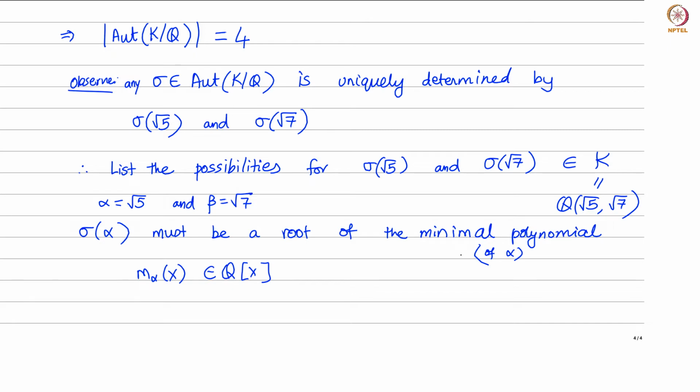It's the smallest degree polynomial that root 5 satisfies, and in this case it's easy to see this minimal polynomial is just x² − 5. So therefore we conclude that when I act σ on this element α, it has to be a root of the polynomial x² − 5. Therefore, this can only be one of two possibilities: either √5 or −√5.